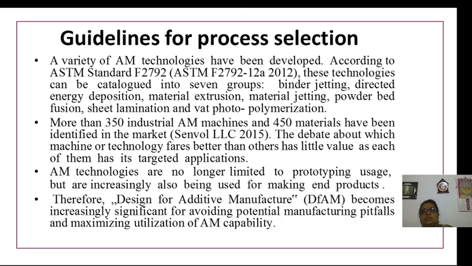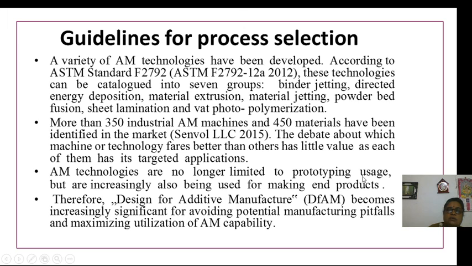One is binder jetting, second is directed energy deposition, third is material extrusion, fourth is material jetting, fifth is powder bed fusion, sixth is sheet lamination, and seventh is vat photopolymerization. More than 350 industries utilize AM machines, and about 450 materials have been identified in the market.